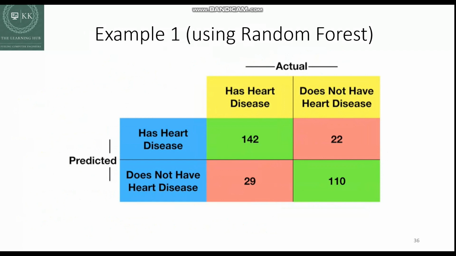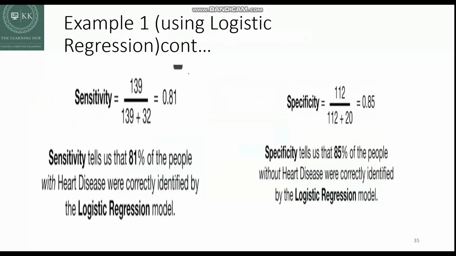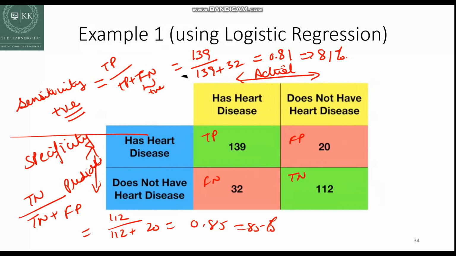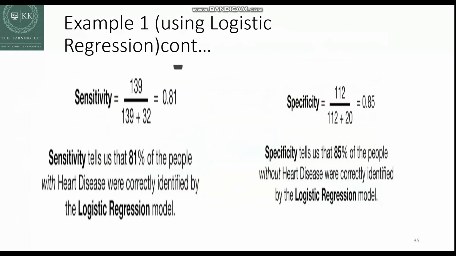In this, we have taken the results of the random forest algorithm, the confusion matrix with random forest. Now if we calculate sensitivity and specificity in this case, so here the sensitivity is going to come, like in the previous example we have seen that sensitivity is true positive divided by true positive plus false negative.